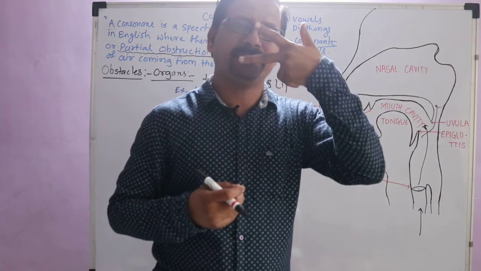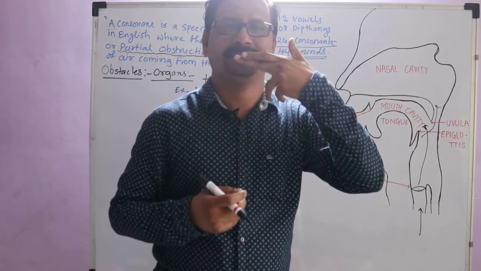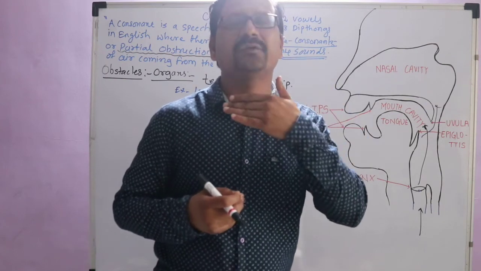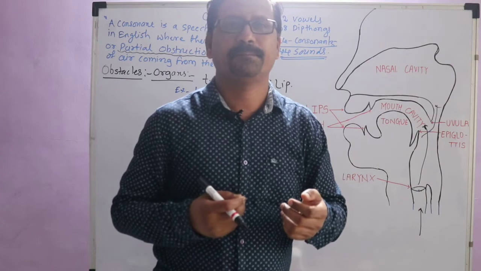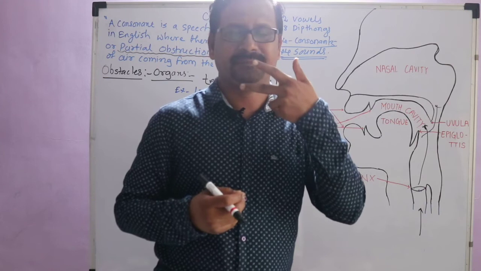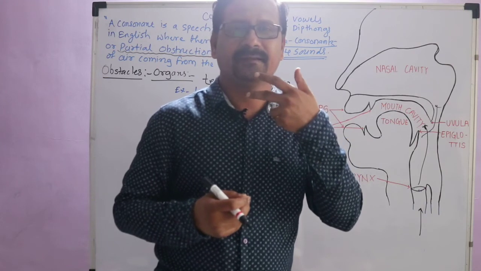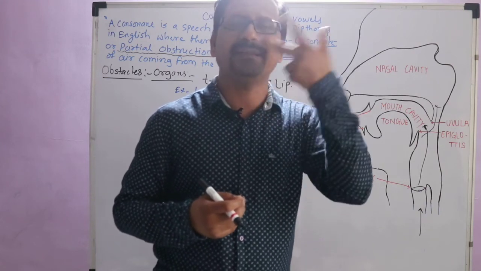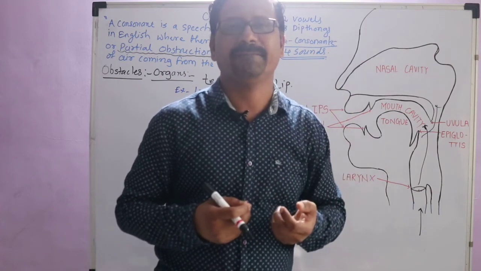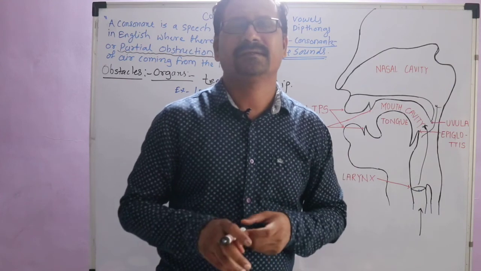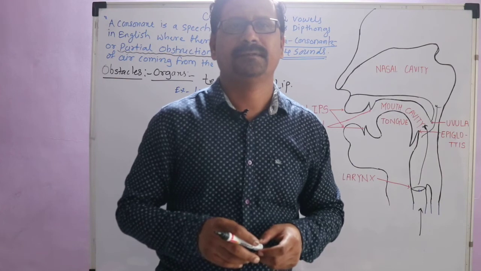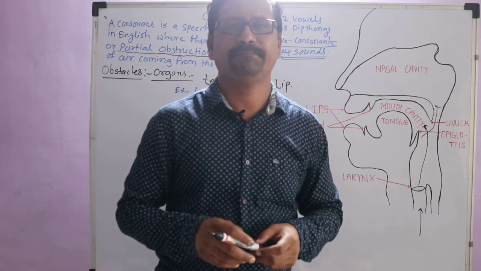Upper lip and lower lip close tightly. There is not a single gap by which the air goes out. So upper lip and lower lip are tightly closed. There is a pressure in the mouth, and when we release our lips, the air goes out of the mouth forcefully, and there is a production of the consonant sound p, as in plate, as in plane.